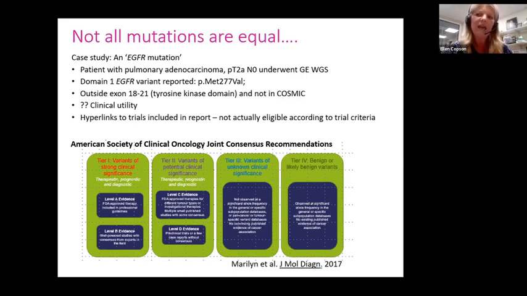So if you are getting genomic information from other sources, you may well see it presented as a tier rather than a domain result.